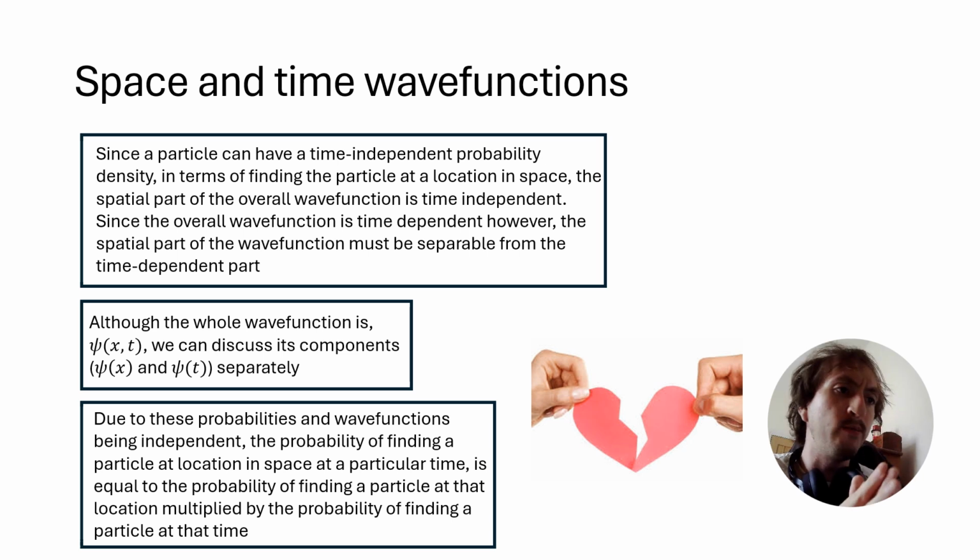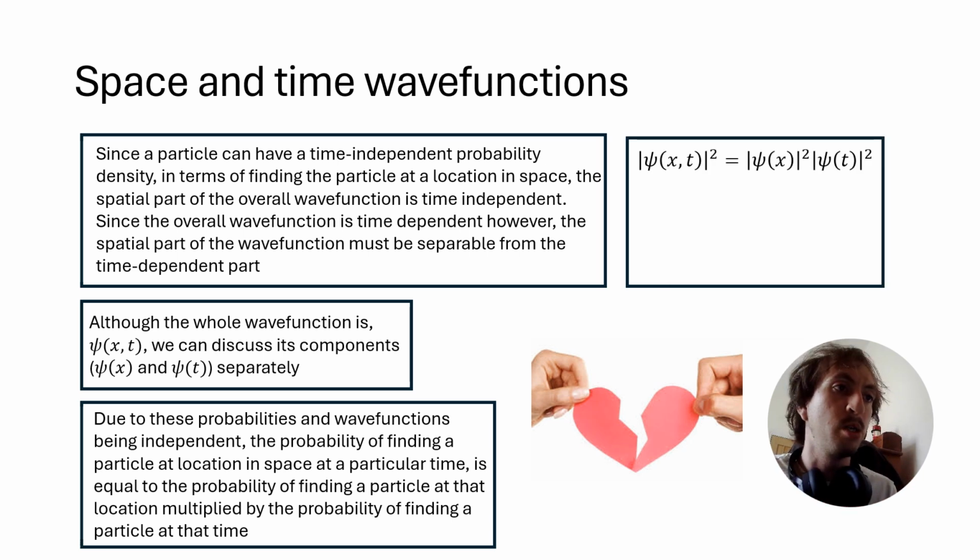And this argument for probability applies also to probability densities. And so, writing that using the mathematical notation we have developed, the magnitude of psi of x and t all squared is equal to the magnitude of psi of x squared times the magnitude of psi of t squared.